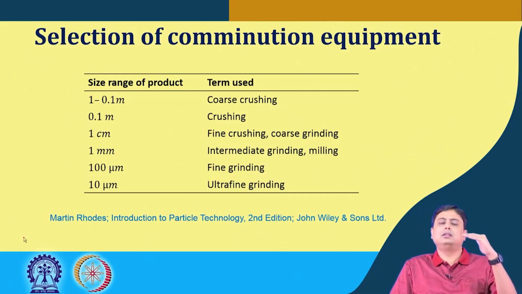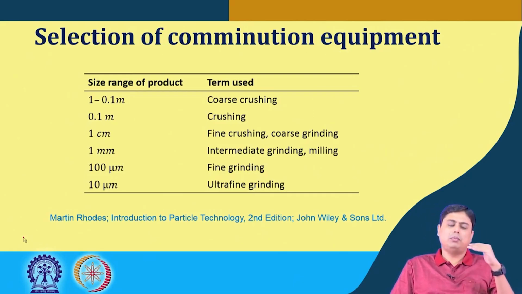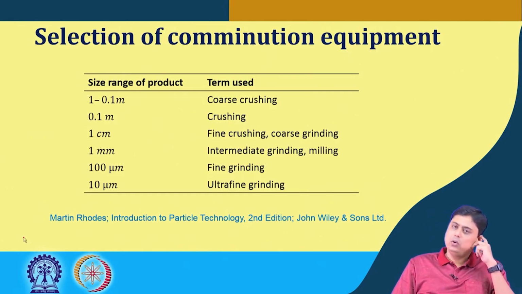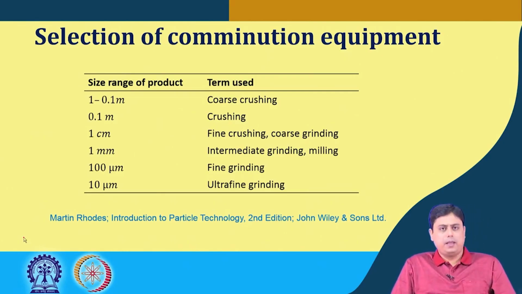Grinding is at somewhat lower product sizes than the crushing operation. Then we have intermediate grinding, which we sometimes call the milling operation. After that we have fine grinding and ultra fine grinding. Fine grinding goes in the range of 100 micron and ultra fine grinding goes in the range of 10 micron. So these are the typical terminologies that are used.